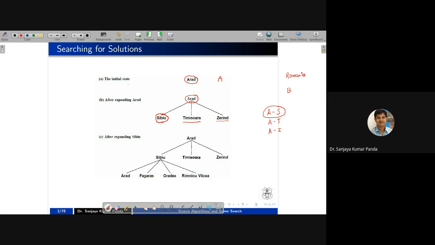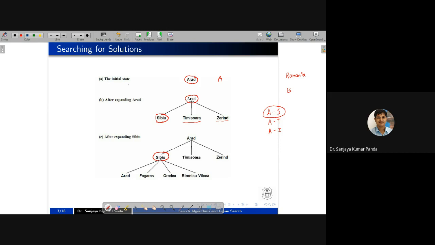Right? If the cost is minimum for T, you choose T. If the cost is minimum for Z, you choose Z. Right? So once you find that S has the least distance from Arad, then what will you do? You have to expand S.